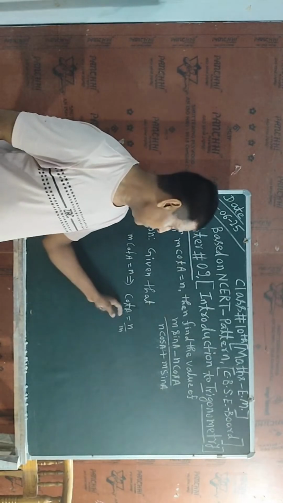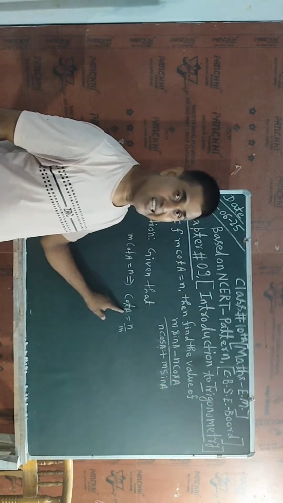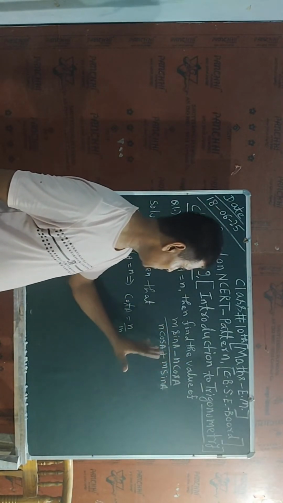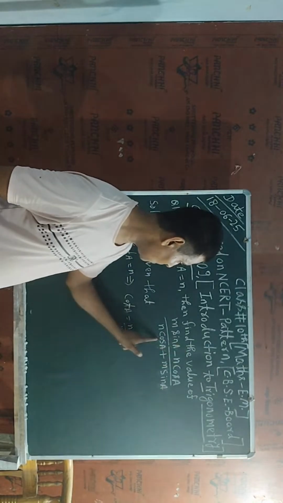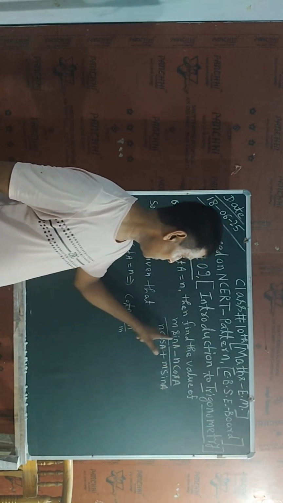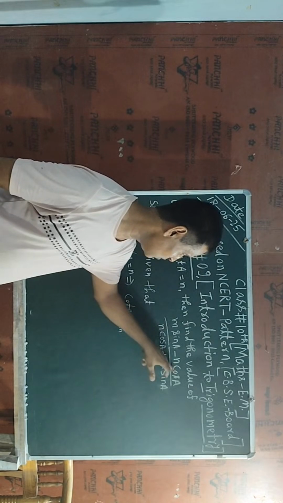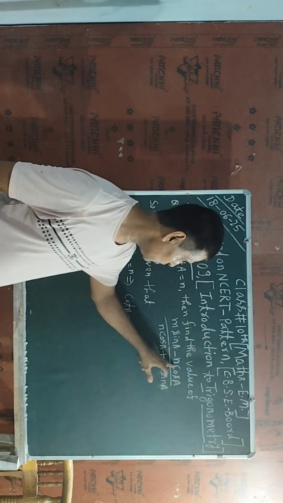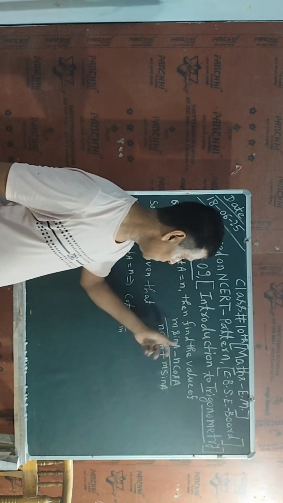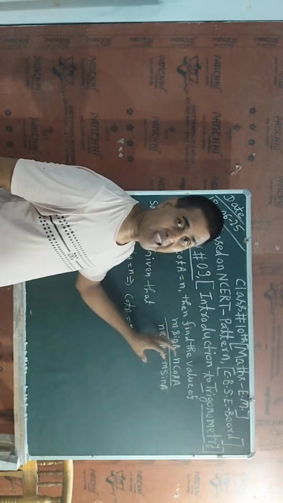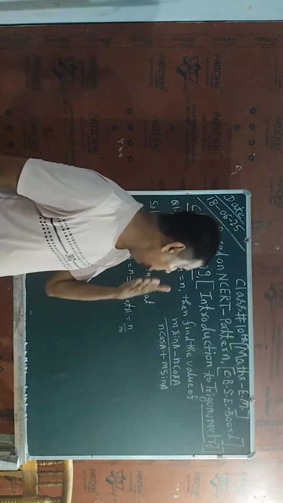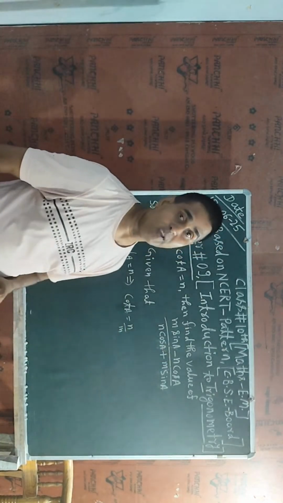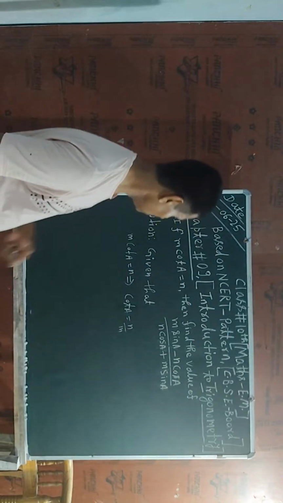In that triangle I will find the value of sin A and also the value of cos A. After finding these values, I will substitute them in this expression and simplify. After simplification, I will get its value, and that will be the answer to my question.